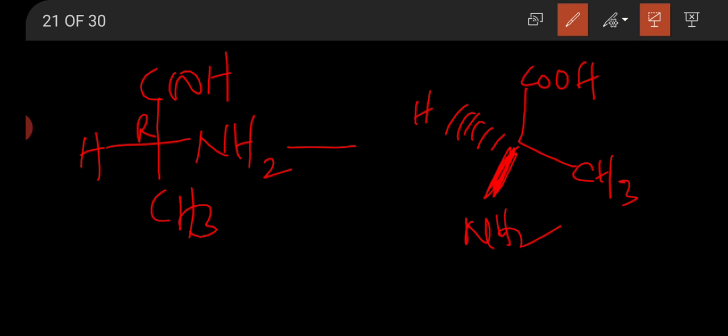Okay, when the vertical bonds, COOH and CH3, are placed in the plane of the paper at the right side, we draw simple lines at the right side.